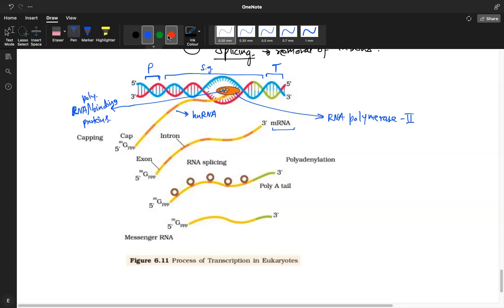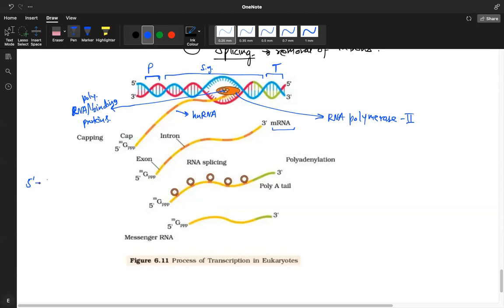So look here. The moment it starts coming out, can you see this thing? At the 5' end, there is a cap.